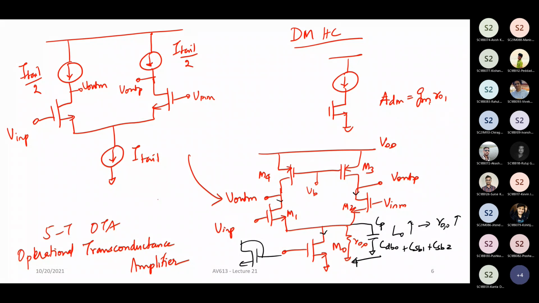Now, what will happen? What will be the effect of CP at higher frequencies? Which parameter of the op amp do you think it is going to affect at high frequencies? Slew rate. Bandwidth, sir. Not necessarily.